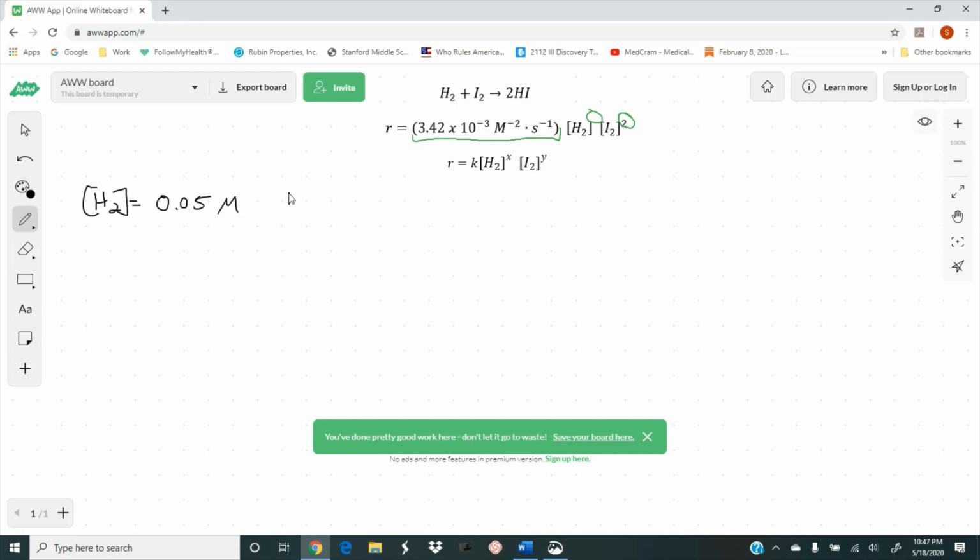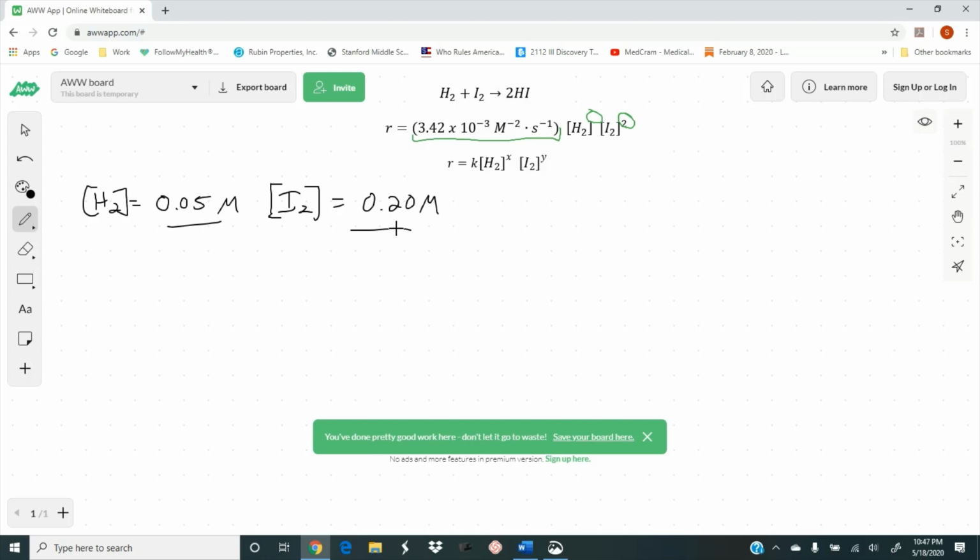And the concentration of I2 is 0.2 molar. Okay, so at that point in time, we measured the concentration of H2 is this, concentration of I2 is that.